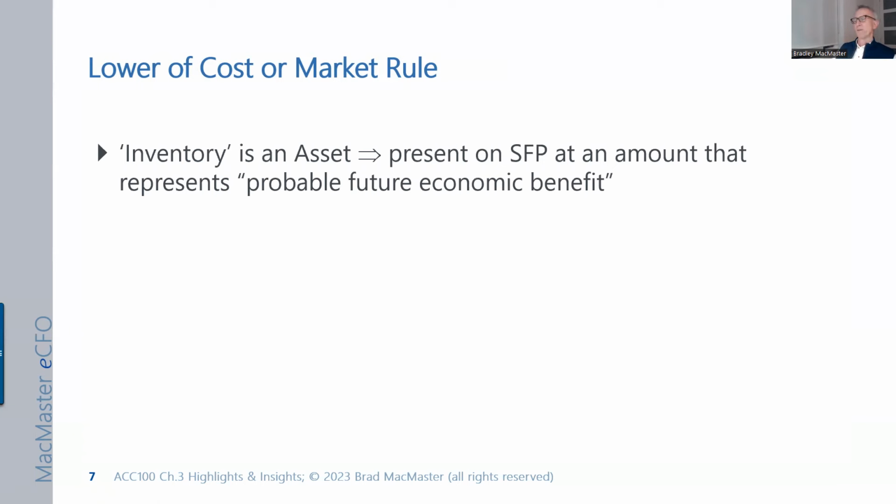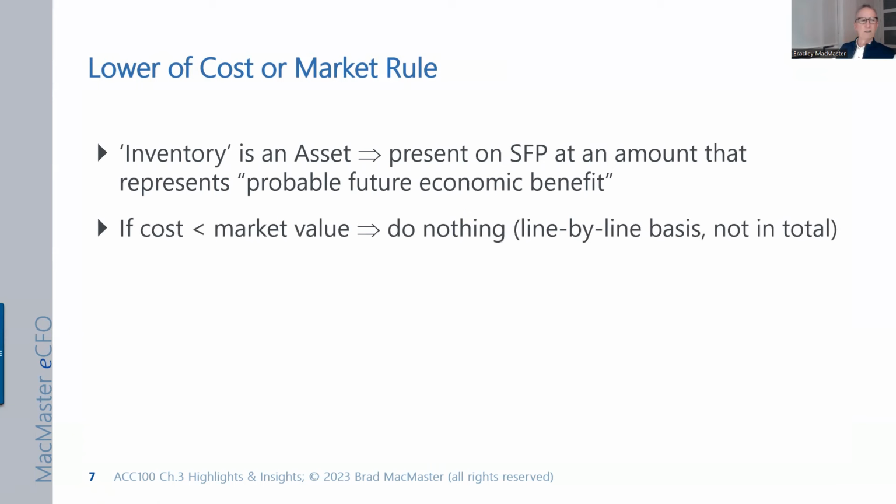Now, we buy inventory with a certain cost. If that cost is less than the market value, then there's nothing that we need to do to change the accounting for our inventory. Now, this test is going to be applied not on a unit by unit basis, but on a product or product category by product line or product category basis.